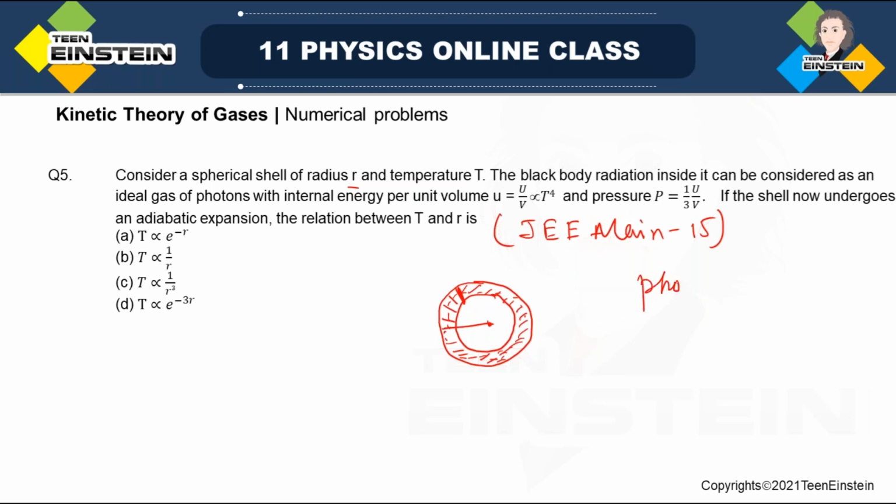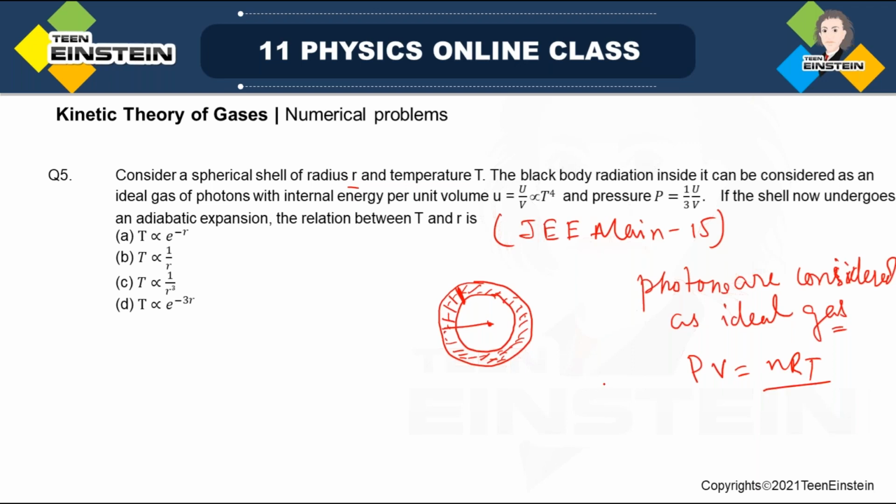Photons are considered as an ideal gas. If photons are considered as an ideal gas, then we can write PV equal to nRT for n moles of photons. So the ideal gas equation can be applied. That's what I wanted to mean.